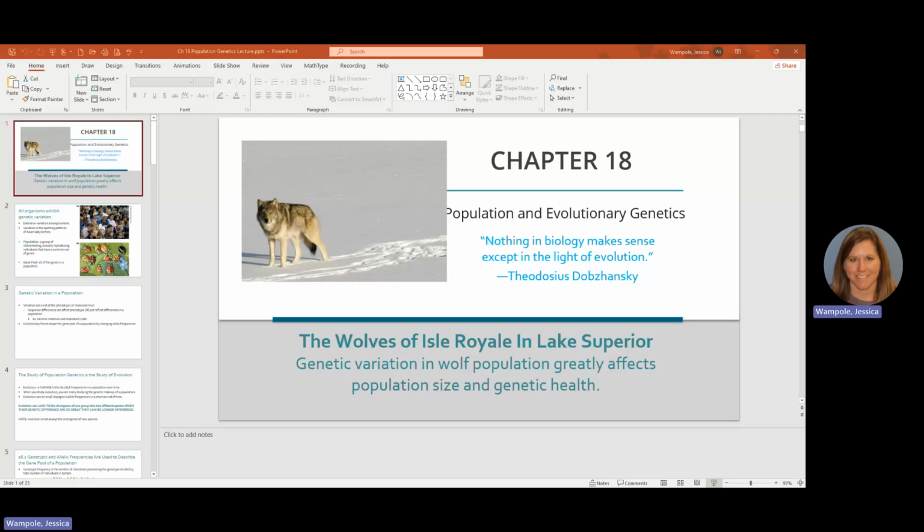Okay, so variation can exist at the phenotype level. So we can have sequence differences. So we can talk about how the genetic sequence changes in the population. And we can also look at how the change at the molecular level affects the overall phenotype in our population.